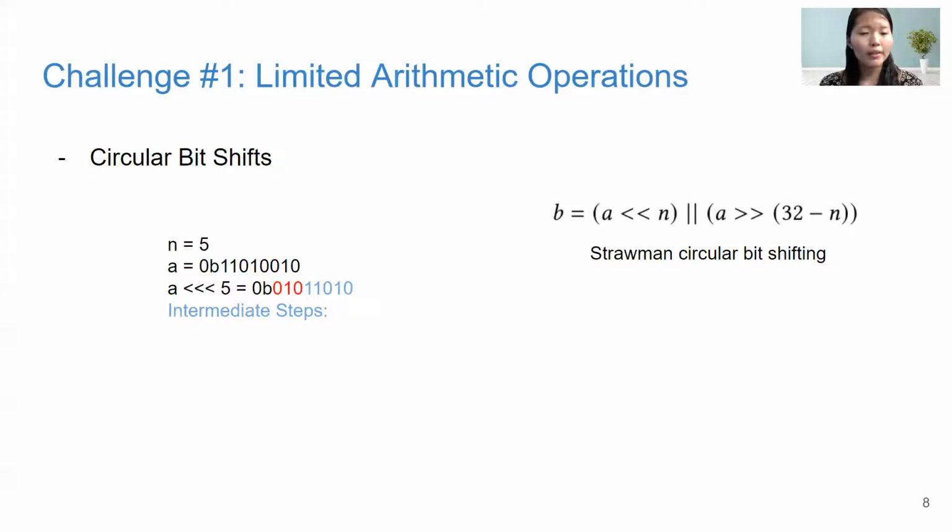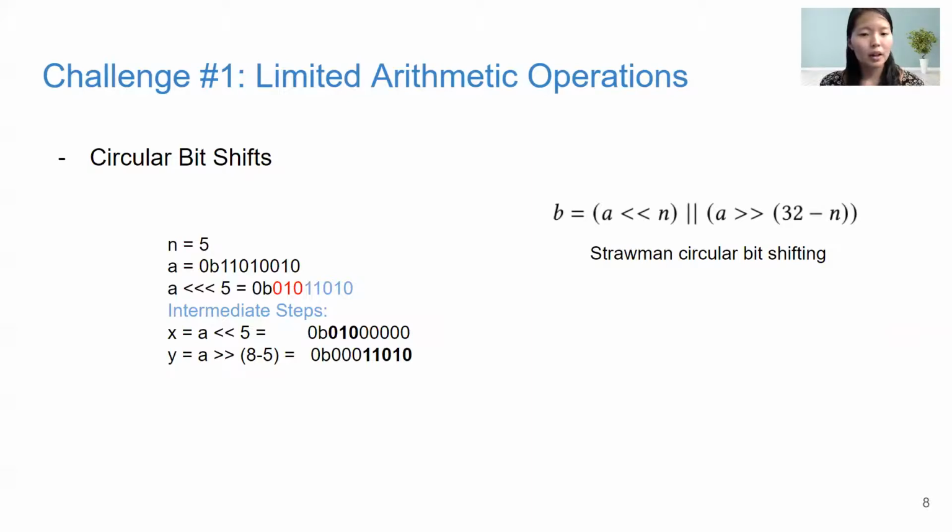Unfortunately, however, there are these intermediate steps that have to be performed. First, A has to be shifted regularly, without any circular shifting, to the left by 5 bits. And if you notice, the lower 5 bits are now padded with zeros. And then you're going to shift the original input A to the right by 8 minus 5 bits, where 8 is the size of your original input.